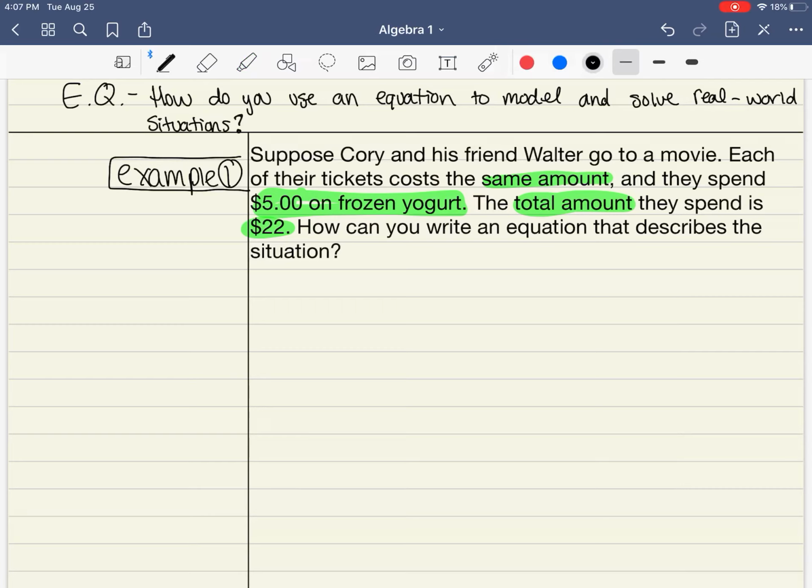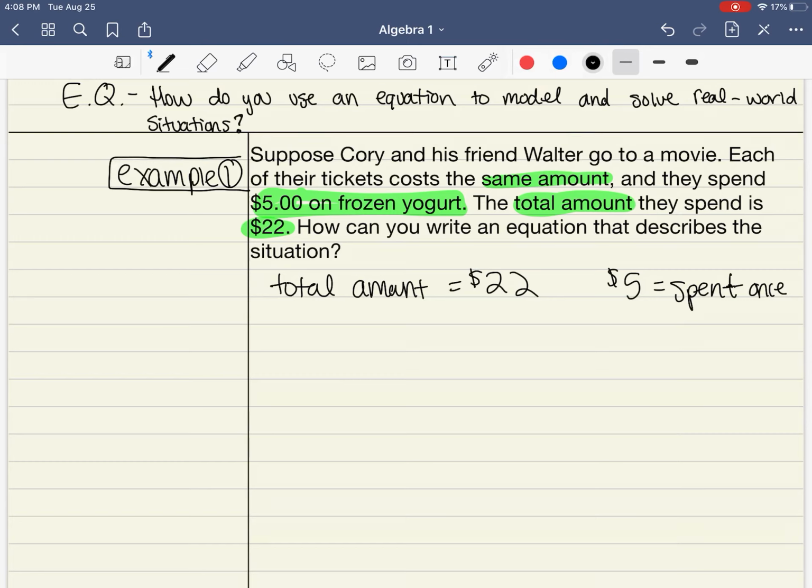So what we want to do is first notice, what do we know and what do we not know? We know the total amount is $22. $5 was spent once on frozen yogurt. So that's not something that repeats. And then it also says each of their tickets costs the same amount.